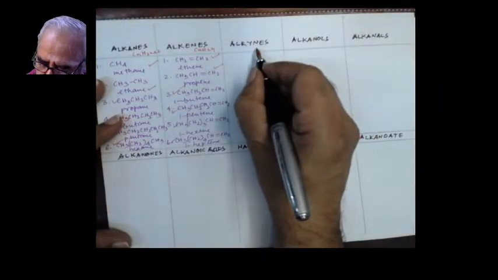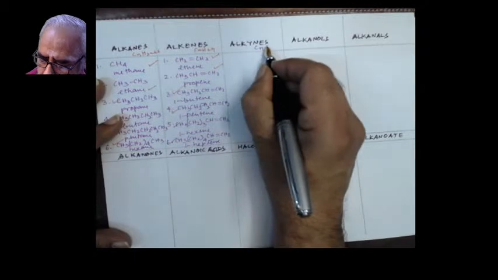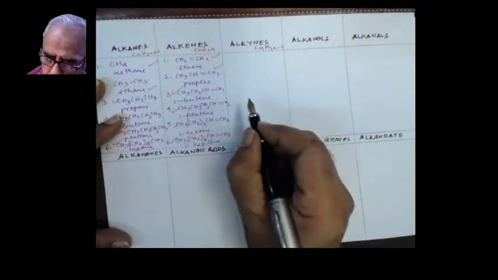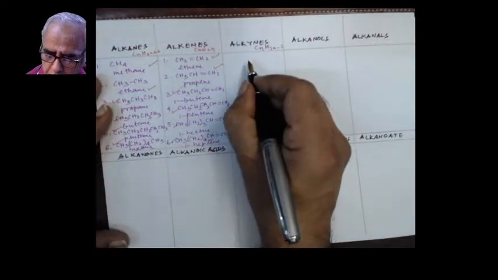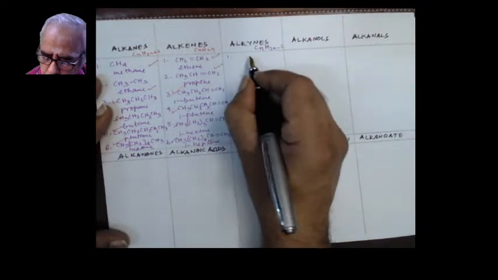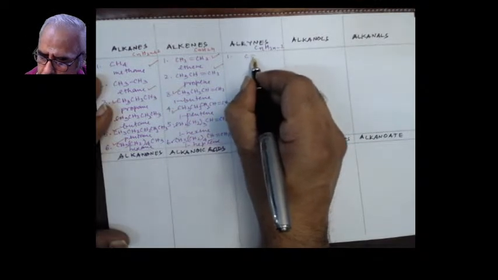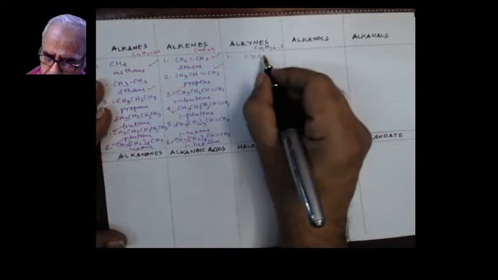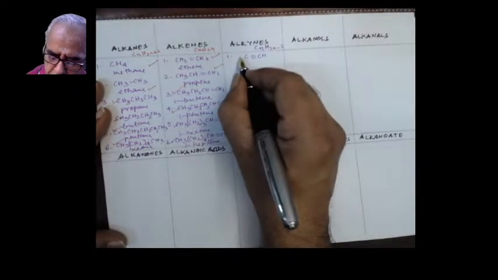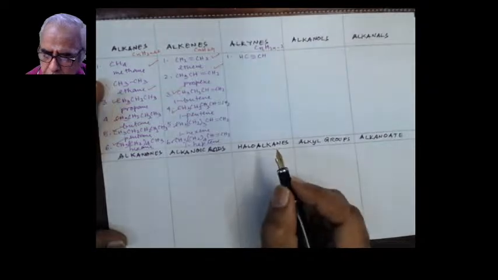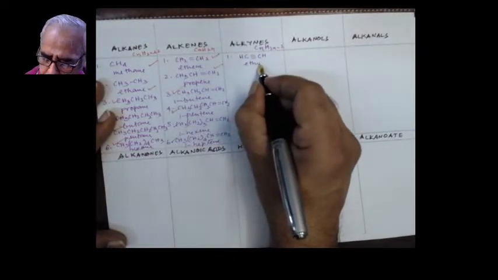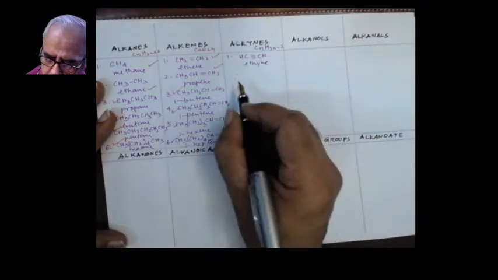Alkyne. What is the general formula? CnH2n minus 2. It should have a triple bond essentially. So C triple bond C. Now we have to fill up with the hydrogen. 3 plus 1, 3 plus 1. That's all. So this is ethyne. So the first member is ethyne. Second member.